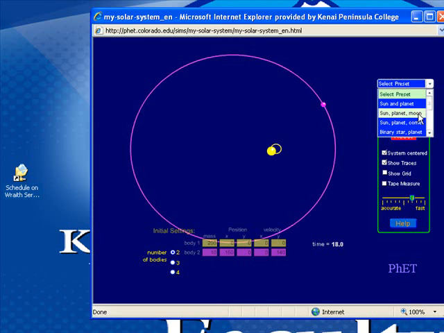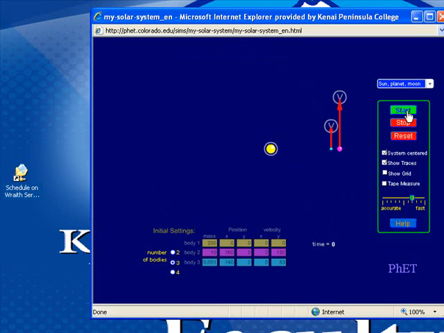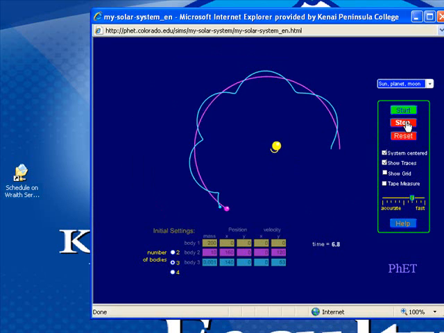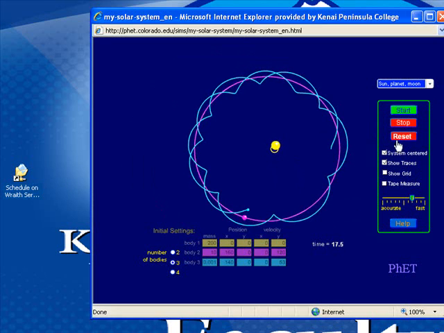Okay, let's do the second one here. Sun, planet, and moon. It says let it run the way it is. What kind of shape does the moon's orbit around the Sun seem to have? Well, it could be described as a flower-shaped orbit.